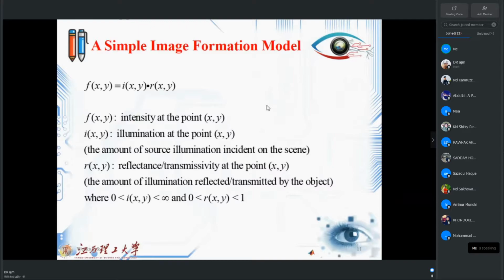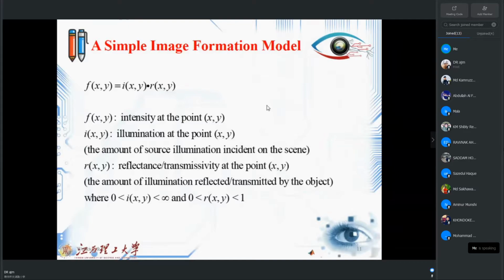Then, as we talked, we have some keywords. One was illumination, another one was reflectance. Okay. Then, in the equation that I gave you, f(x,y) is the intensity at any point x and y; please remember the grid that I showed you.